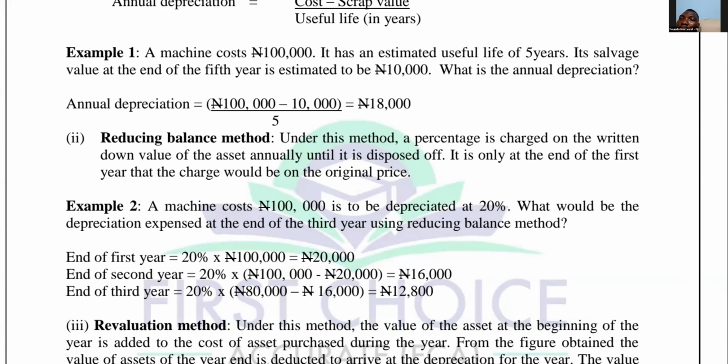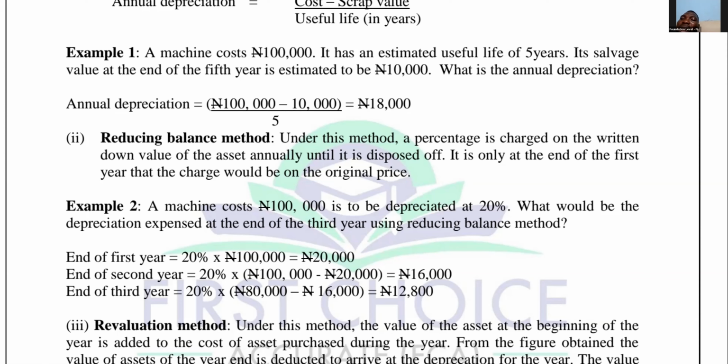It says, under this method, a percentage is charged on the written down value of the asset annually until it is disposed of. It is only at the end of the first year that the charge will be on the original price.